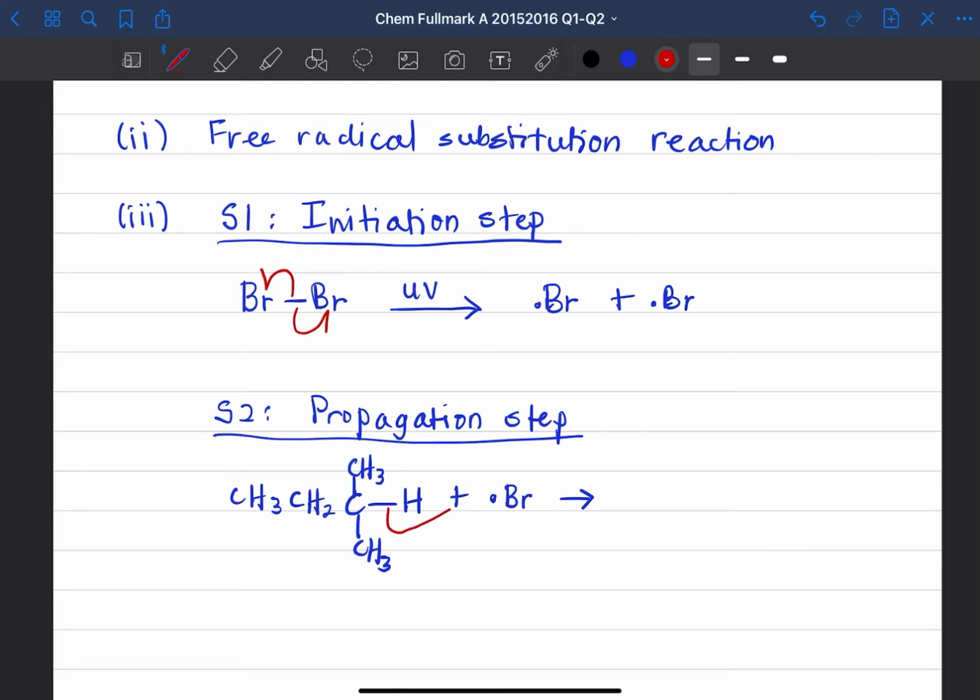So hydrogen takes 1 electron, and 1 electron is given to carbon. Bromine will form a bond with hydrogen.